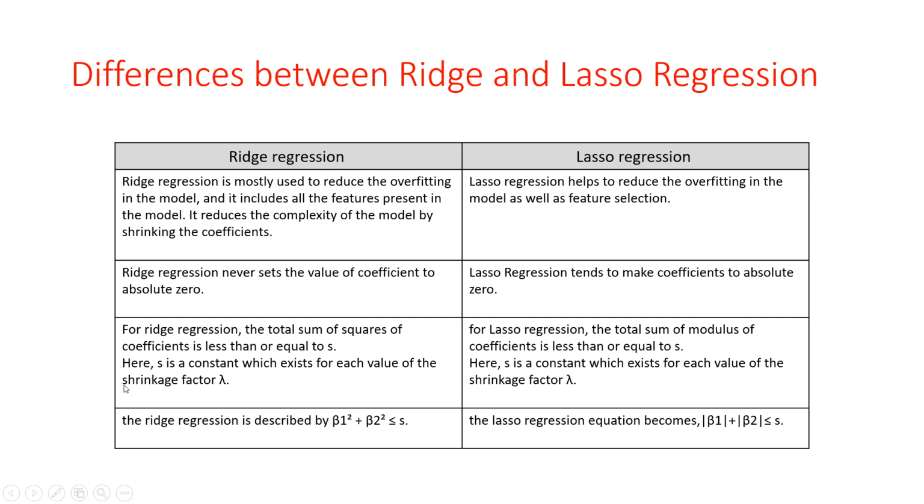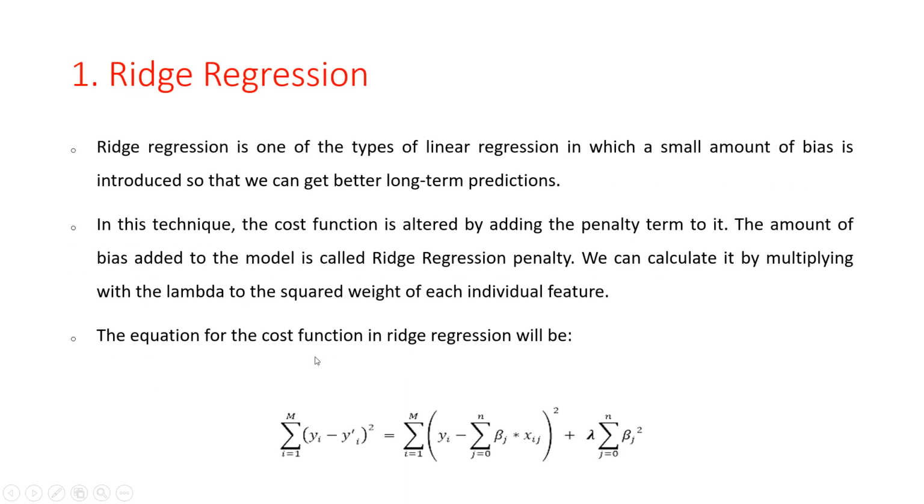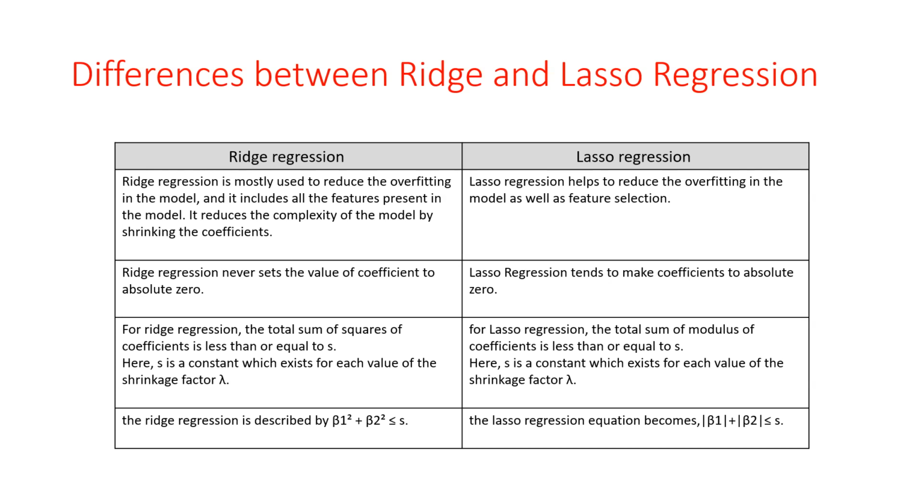The next point is, for ridge regression, the total sum of squares of the coefficients is less than or equal to s, where s is the constant which exists for each value of the shrinkage factor lambda.